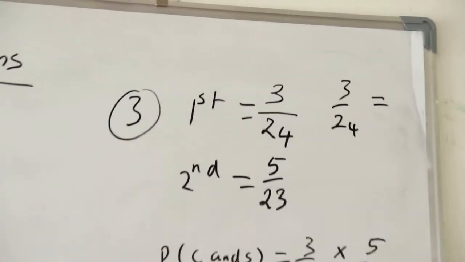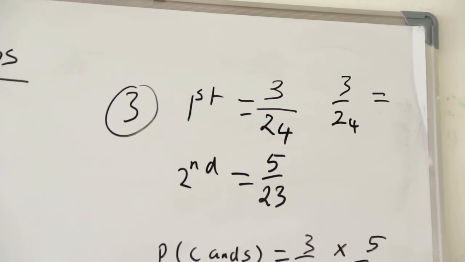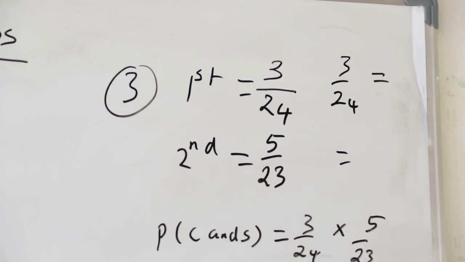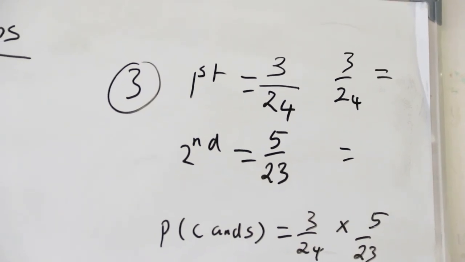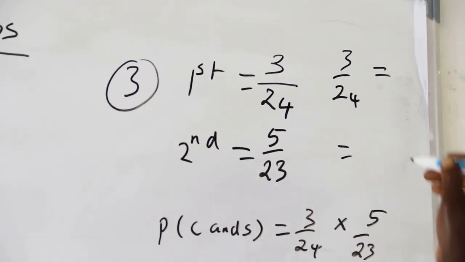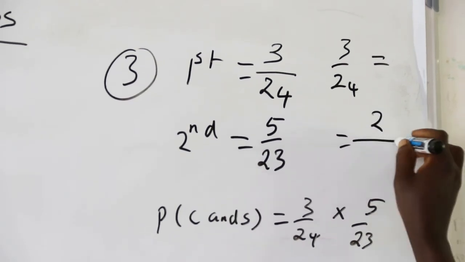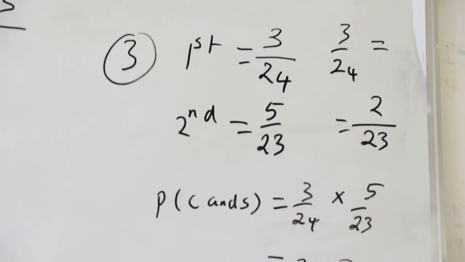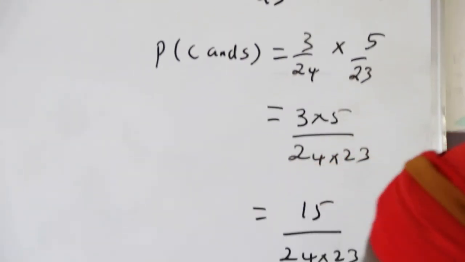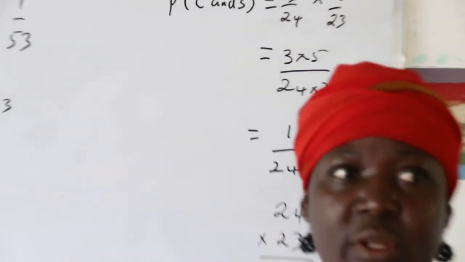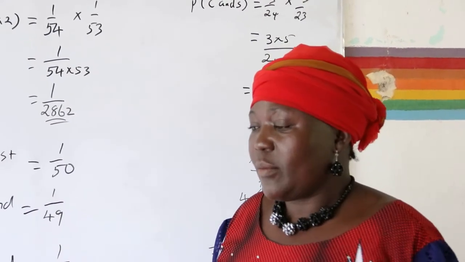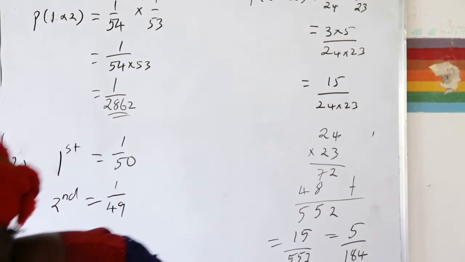The second picking is another cup again. You will know that we have 3 cups, so the cup has been reduced in number, right? So it means you are going to have 2 all over 23. Then you do the same process as you have done. Order is vain. They can happen like that. The same thing.